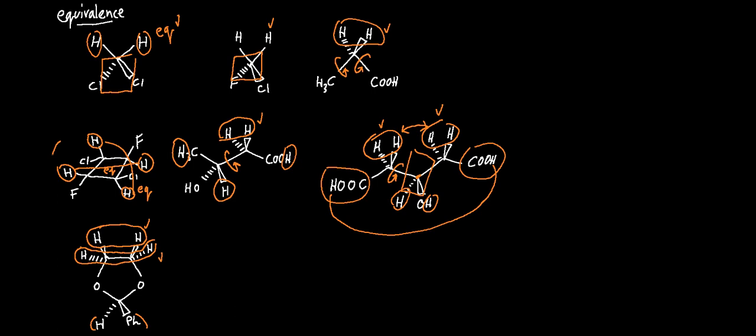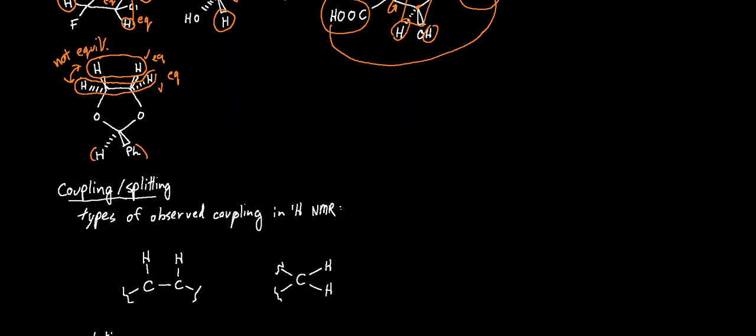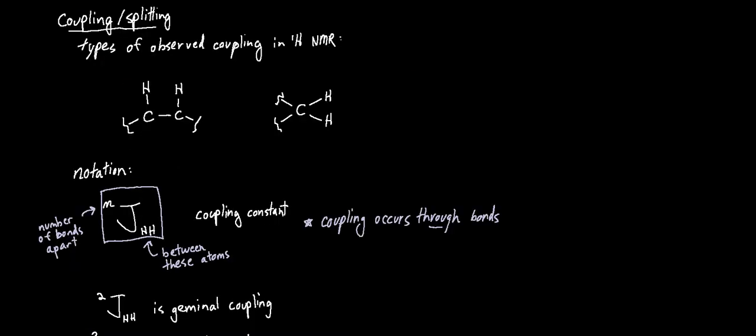So equivalent, equivalent, but these two are not equivalent. Okay, so lots of examples help see that. Any of these equivalent groups will integrate under one signal, and it'll tell you that that signal has 2 protons or 3 or 4 or whatever it is.